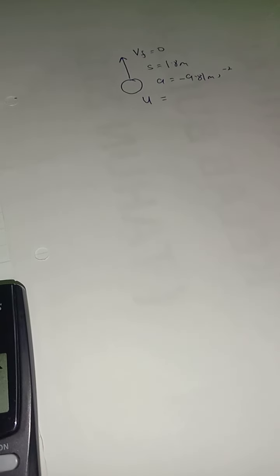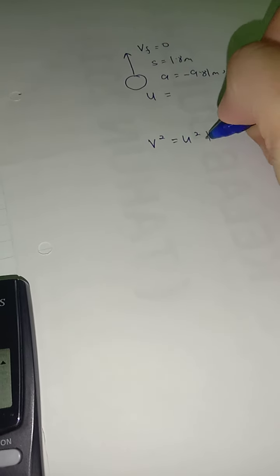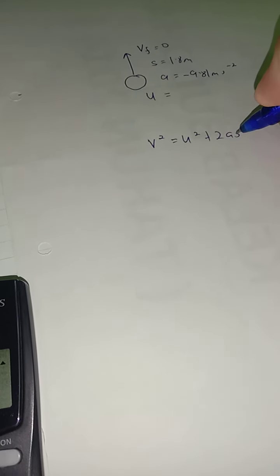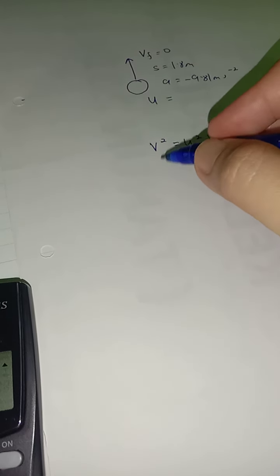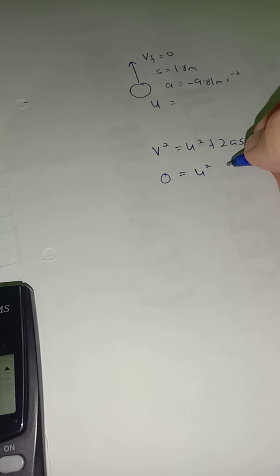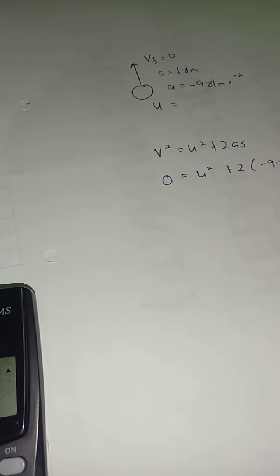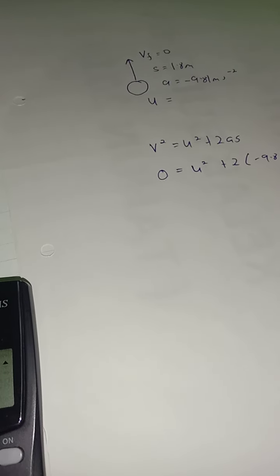To find the initial speed, we use V squared = U squared + 2as again, because there's no time, so the first and second formulas are not valid. The final velocity is 0, the initial velocity we want to find, plus 2 times negative 9.81, and the s is positive because it's going upward.